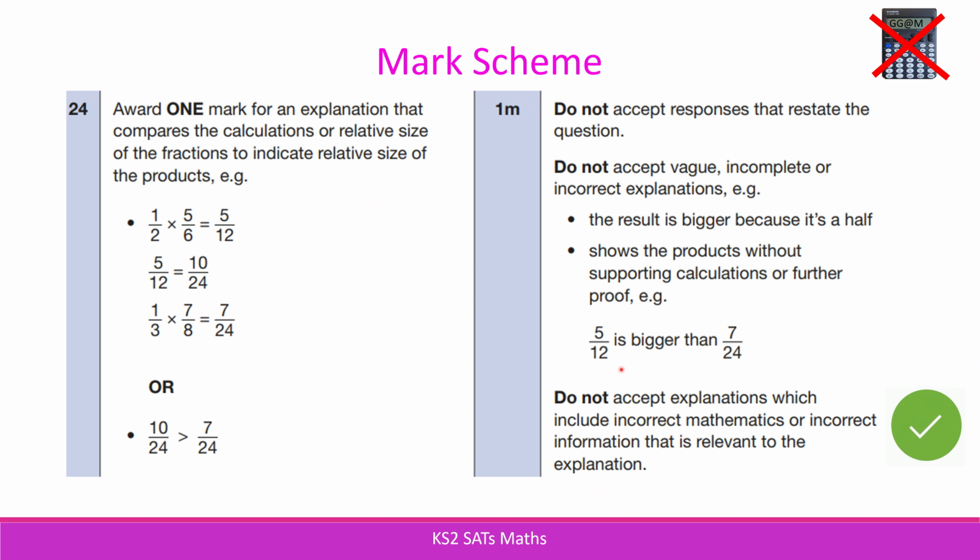You have to have the denominators the same. You can't just say it's bigger, you must show why. Do not accept responses that restate the question. You've got to be clear as to why one is bigger than the other to get the 1M, which is the one method mark in the exam.